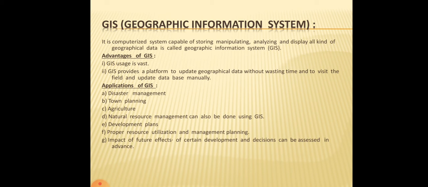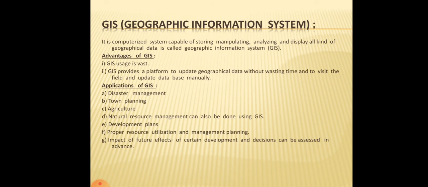A GIS is an image to show what is present on the earth. Like in Google Maps, all the images where your home is and all those images you will be getting. That is nothing but the geographic information system. The GIS user can take the data from the map to know, for example, how much forest area is on the land, etc.